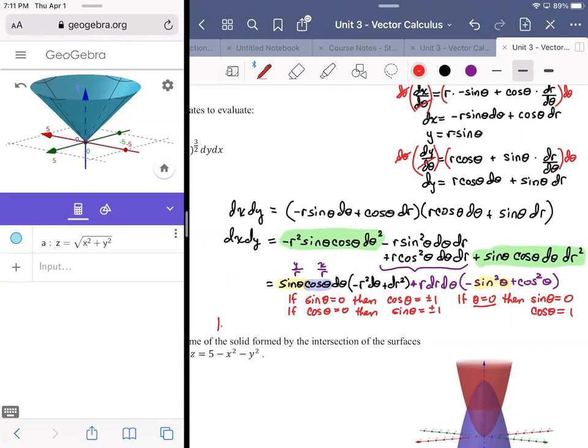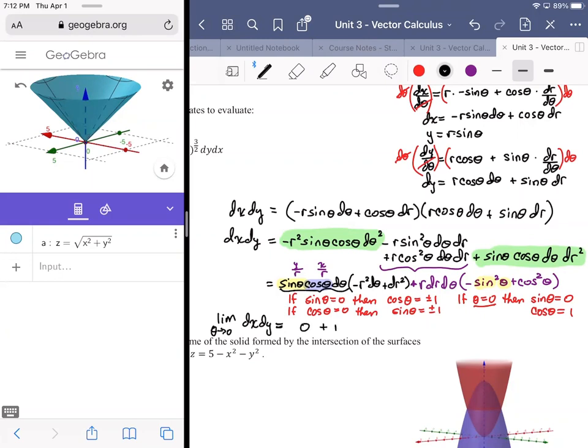So I already did the limit as theta approaches 0, dx dy is what I want to write. So that would make this whole thing 0 out.